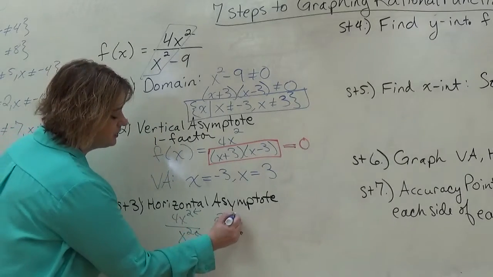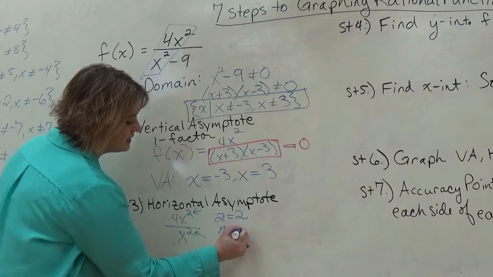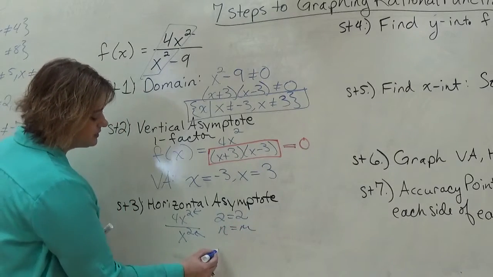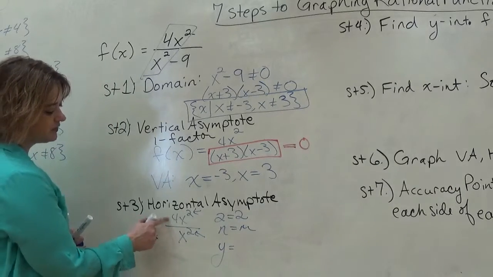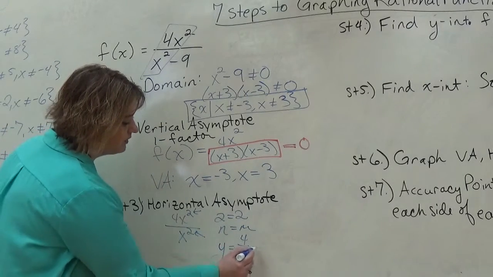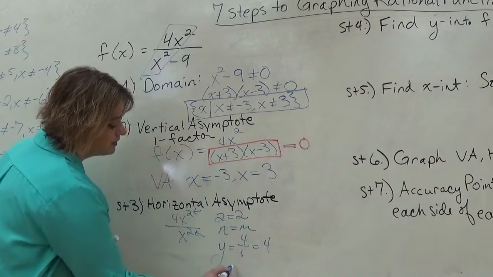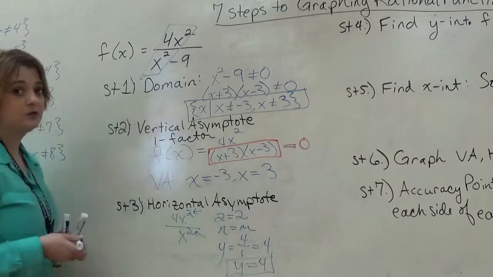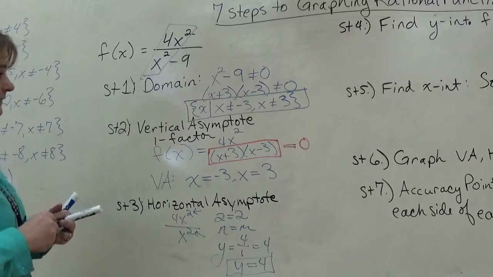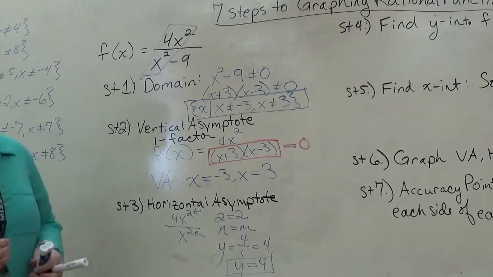So since 2 equals 2, that means that n is equal to m. So that means we have the equation y equals, we divide our coefficients. 4 over 1, which is just 4. So our horizontal asymptote is y equals 4, and that is it. All right, let's move over to the other side.